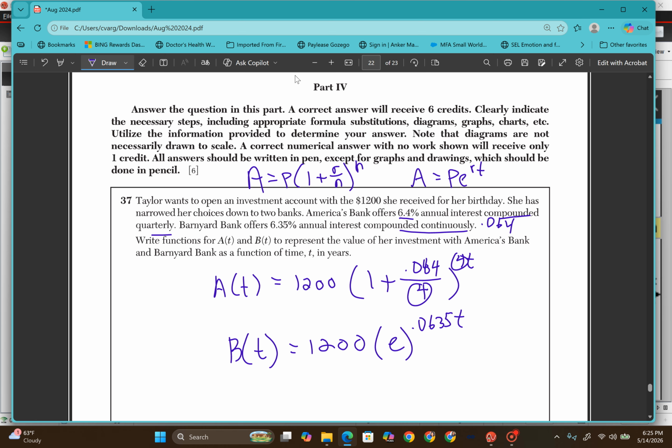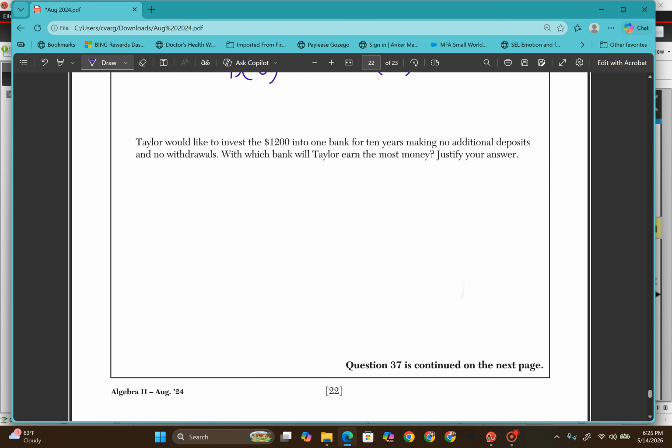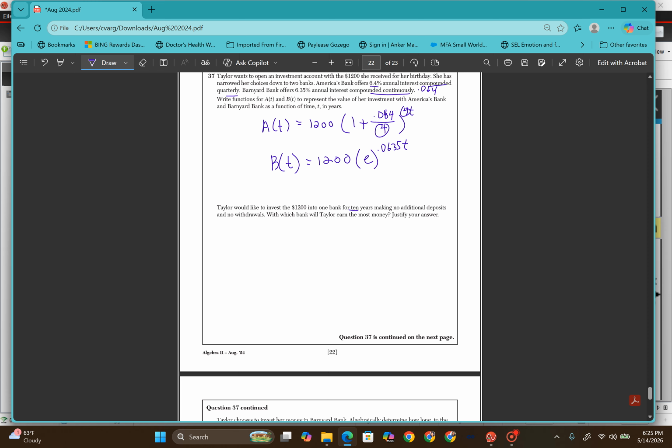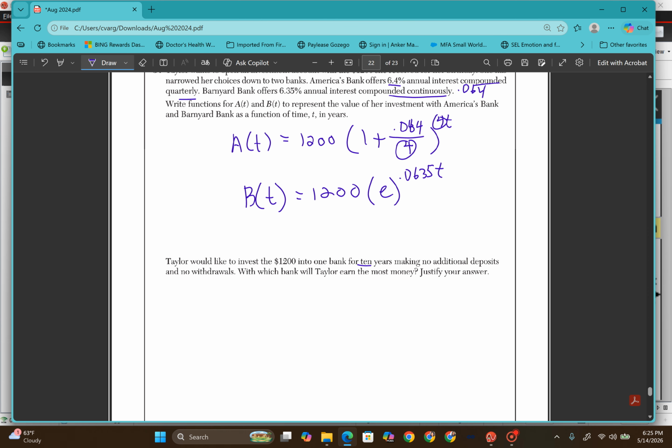All right. So now Taylor wants to invest for 10 years, making no additional deposits. So which one will she earn more money for? So you're going to plug in 10 for the t for each one. So A of 10 is going to equal 1200 times 1 plus 0.064 over 4 to the 4 times 10, and that amount is going to be about 2264.28, and this is money, right?